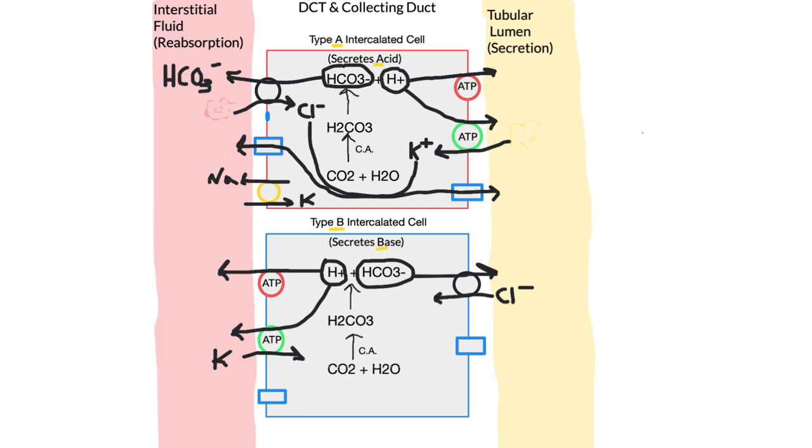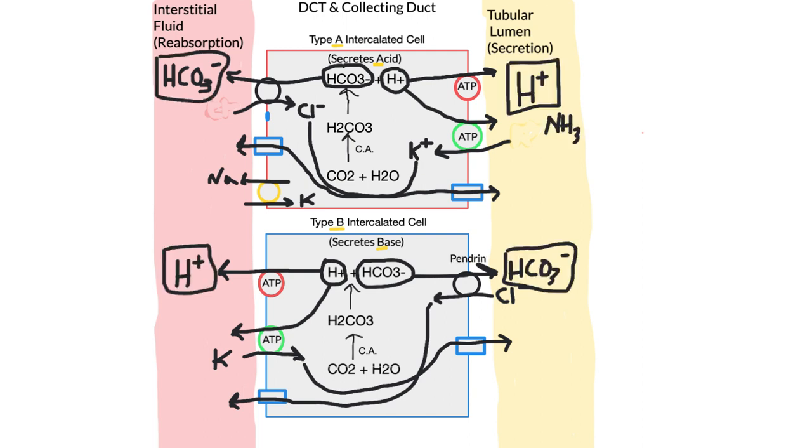Now, just like in the type A cell, the potassium will be able to leave through its transporter. And the same is true for the chloride that came in from our bicarbonate chloride cotransporter, which is also called pendrin.